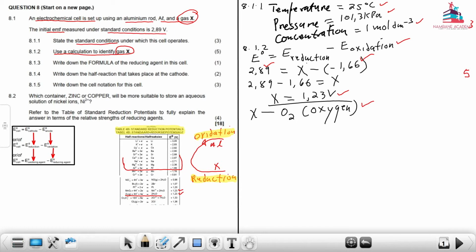I am using the cheat sheet that is now in the formula sheet. Once I have identified which substance undergoes oxidation, I can associate that with an electrode, which is an anode.